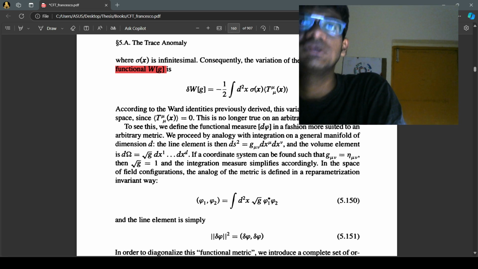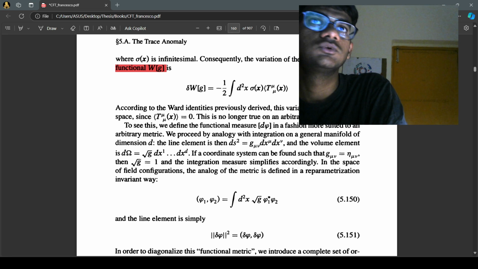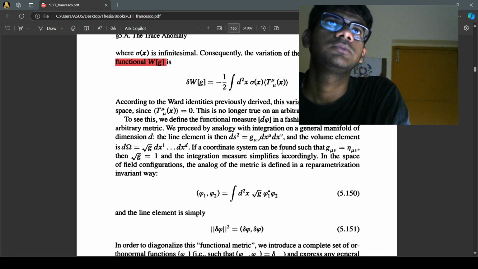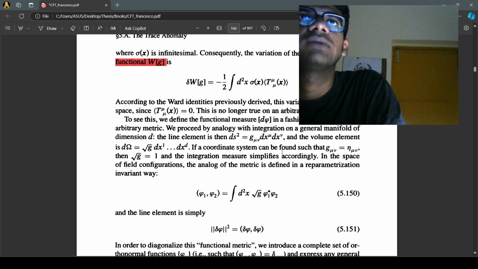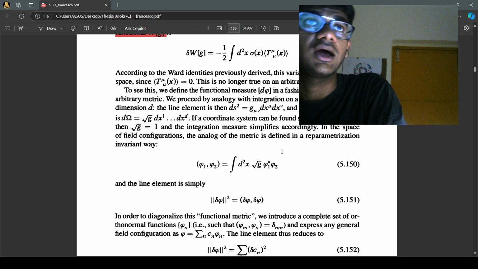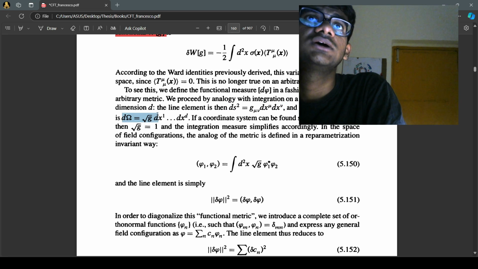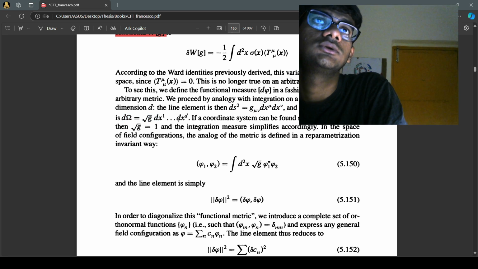Okay, to see this, we define the functional measure d phi in a fashion more suited to an arbitrary metric. We proceed by analogy with integration on a general manifold in dimension d. The line element ds squared is g mu nu dx mu dx nu, and the volume element d omega is root g dx1 to dx d.